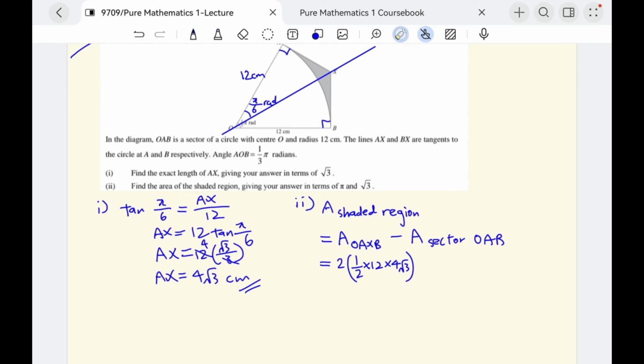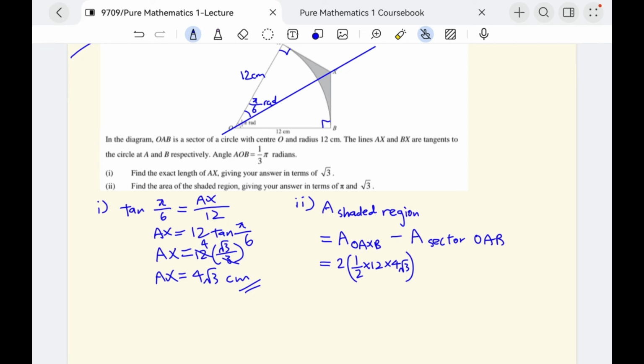Okay, because the area of a triangle is half times base times height. And since the other triangle is identical with this, just times 2. Actually, if you modify this and this, you will form a rectangle. So it is basically 12 times 4 root 3.